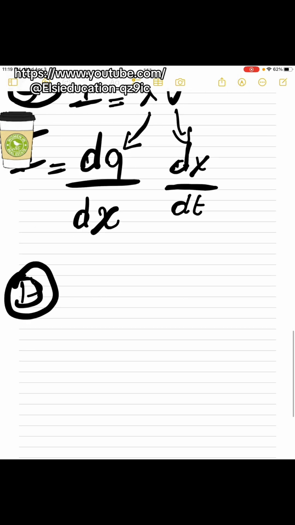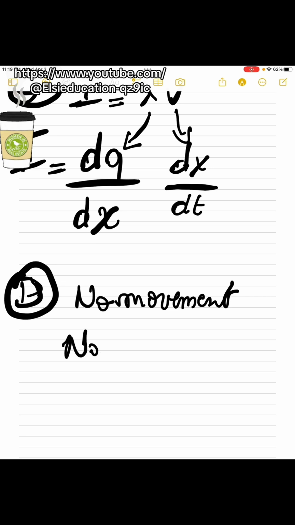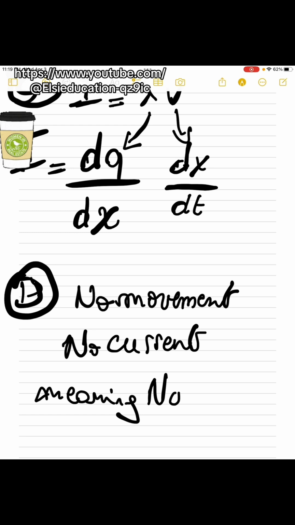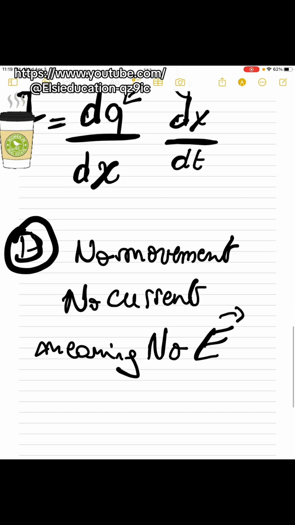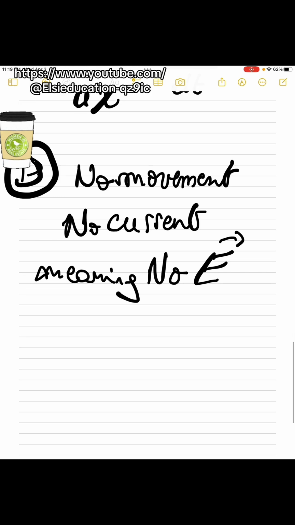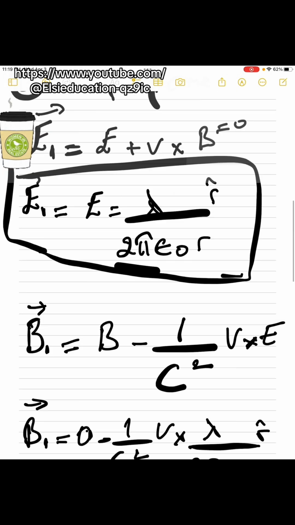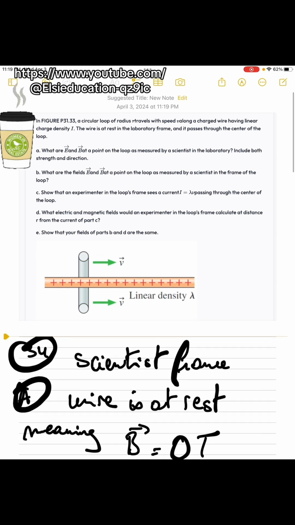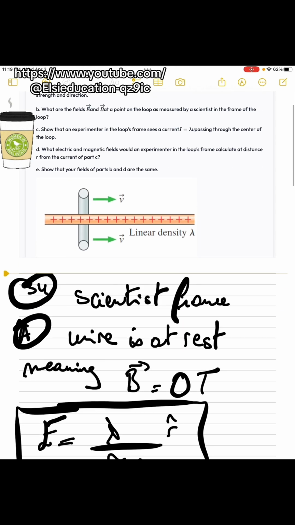So if somebody wants to measure the electric field on the wire, if there is no movement, there is no current, meaning no electric field. That's from the reference frame of the experimenter in the loop.